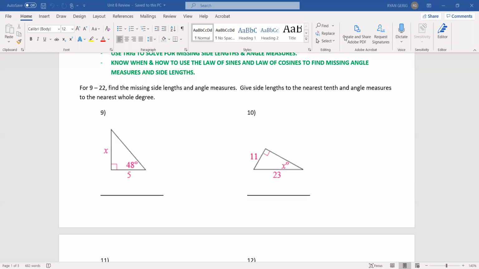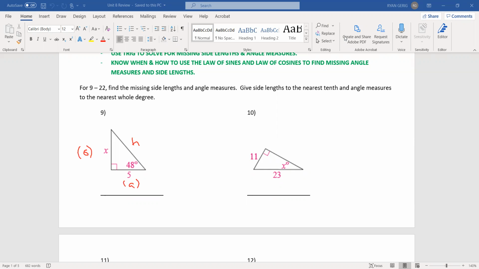So these are both pretty basic right triangles. You should have seen actually number 10 before, that was on your quiz. Number 9, nothing tricky here. Hopefully, what you need to see is that you're looking at 48 degrees, and now you just have to classify x and 5. So with 48 degrees, this is h, the hypotenuse. X is the opposite side, and 5 is the adjacent side.